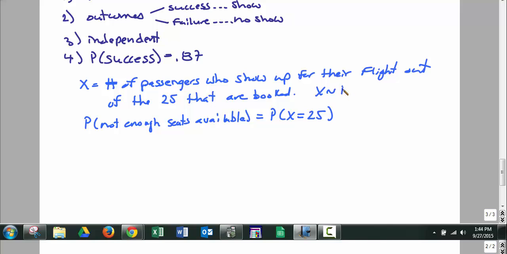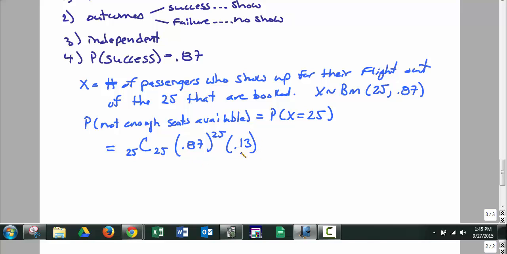X is distributed binomially. N is 25. P, the probability of success, is 0.87. And so I can just go ahead and crunch this through. If you want to do this longhand, you can. This would be 25 choose 25 times 0.87 to the 25th times 0.13, which is the complement of 0.87, to the 0. Or we can use our calculator distribution function.